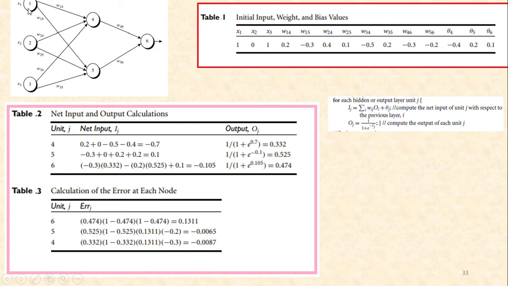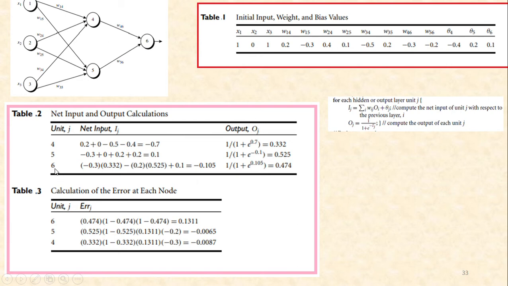And the input value as given in the question is 101. So minus 0.3 into 1 plus 0 into 0.1 plus 1 into 0.2 plus the bias quantity, which is 0.2. The resultant value of this expression is 0.1. To calculate the output, it is 1 by 1 plus e raised to minus 0.1, that is equal to 0.525.